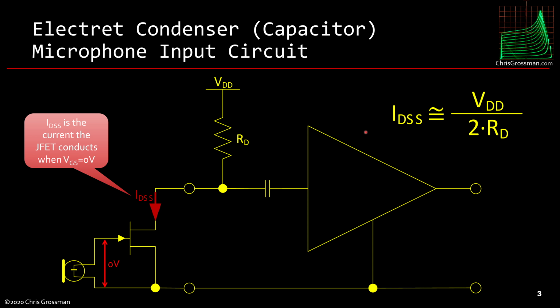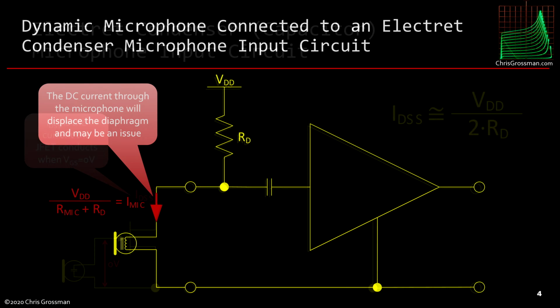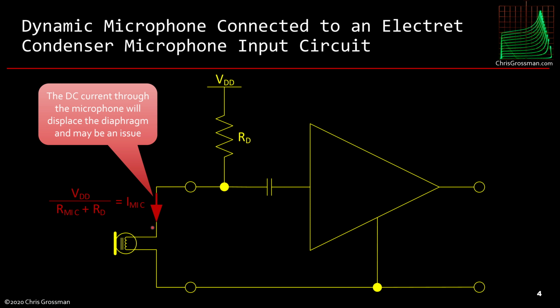So what happens if you hook a dynamic microphone up to this Electret condenser input circuit? Here we have a dynamic mic, but now the dynamic mic is going to draw current from this supply, on the order of 1 or 2 milliamps, and that's going to cause the diaphragm in the dynamic microphone to offset probably far more than it would normally just from sounds.